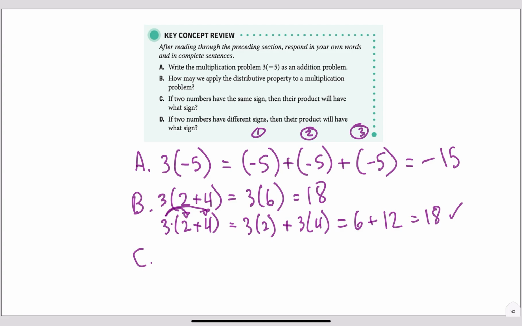All right, C. If two numbers have the same sign, then their product will have what sign?